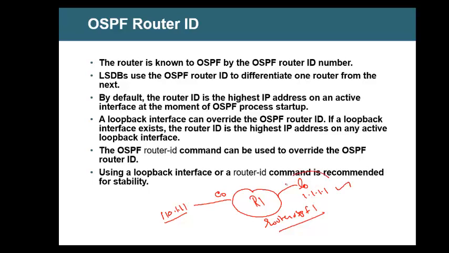When you configure the second OSPF, router OSPF 1000, this is the second OSPF you are configuring. It won't take the same router ID which was already picked by the other OSPF. It will try to see if another loopback interface is present. Then it is going to use that one as the router ID.